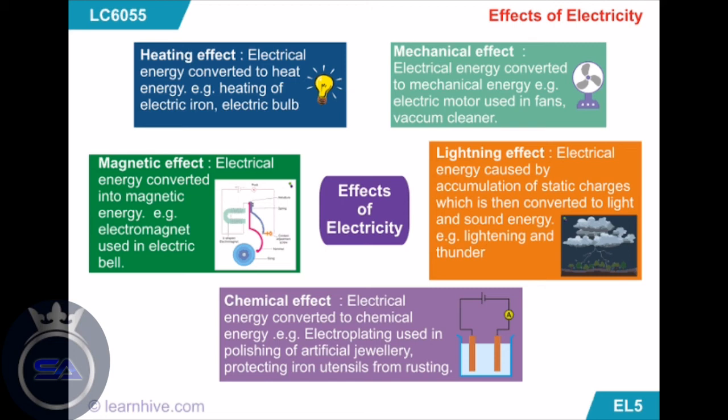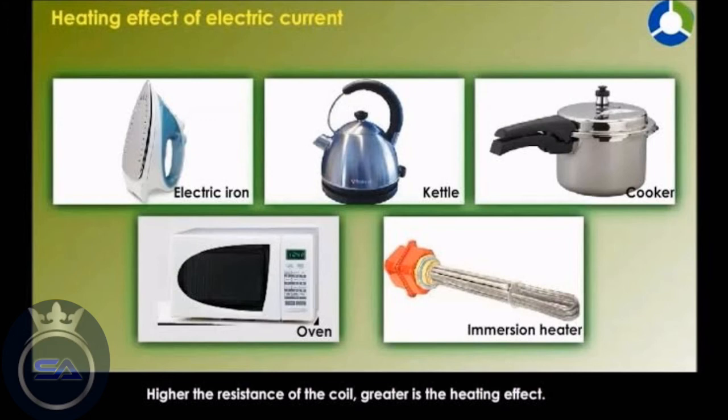In such appliances, the heating element is made up of material with a high melting point so that they will be able to reach higher temperatures. Examples of such appliances are geyser, iron box, immersion water heater, etc.